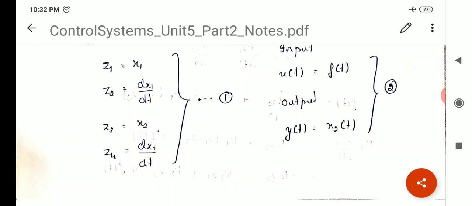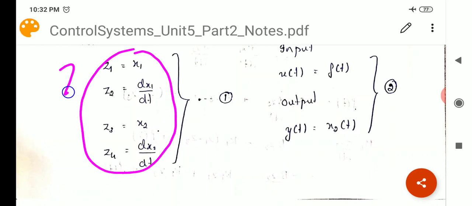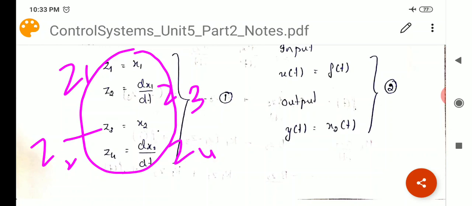Here, z1 is taken as x1 and its differentiation as z2, z3 as x2 and its differentiation as z4. The notation you use, you can choose this as z1, or as z2, not a problem, this as z3 and this as z4, not a problem. But it is important that you choose these four parameters as the state variables.